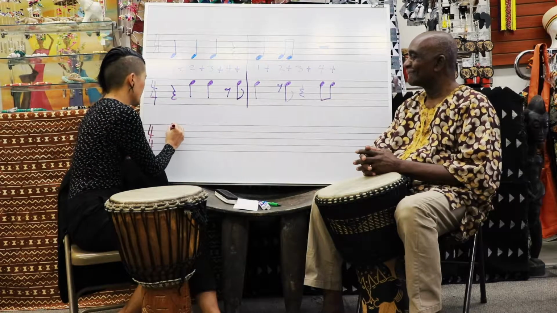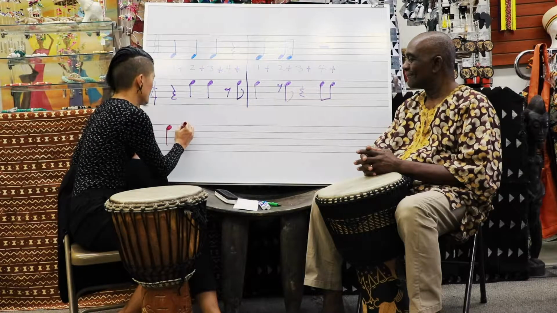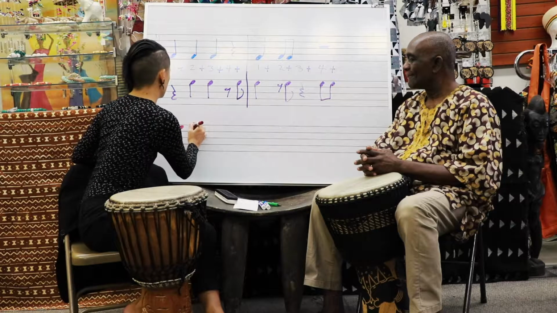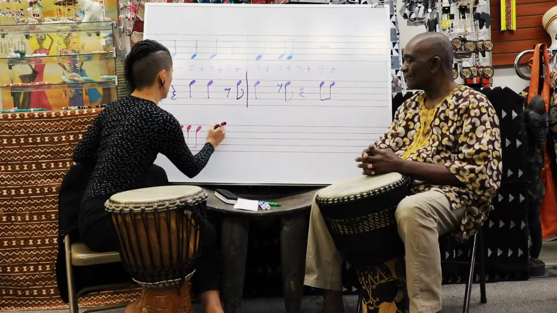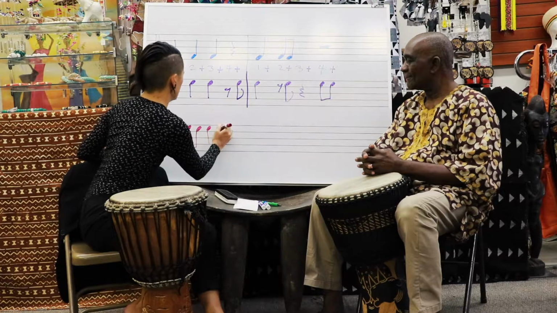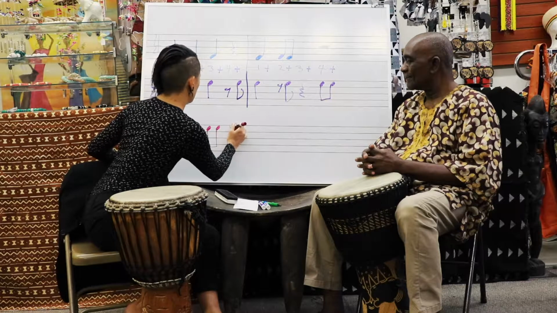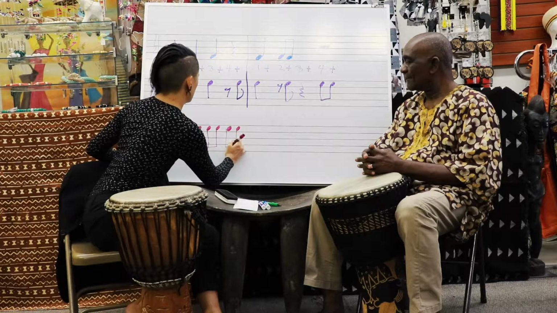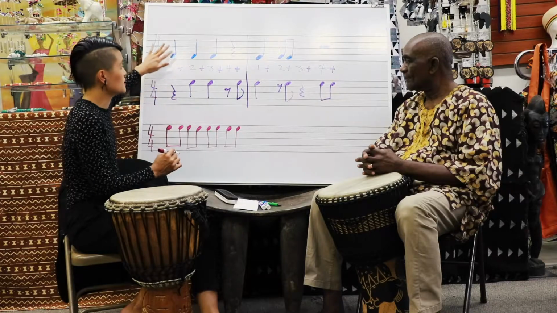So these are even eighth notes that I just played. 1 and 2 and 3 and 4 and. Notice I'm really trying to line up the notes with the beats that we set in previously.